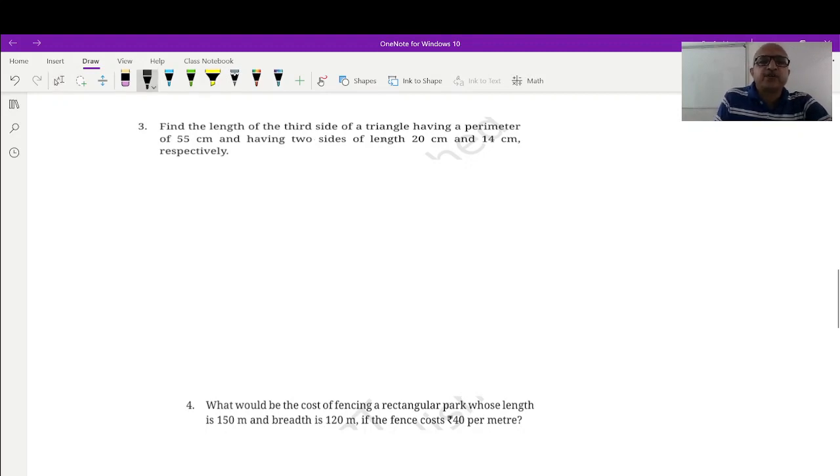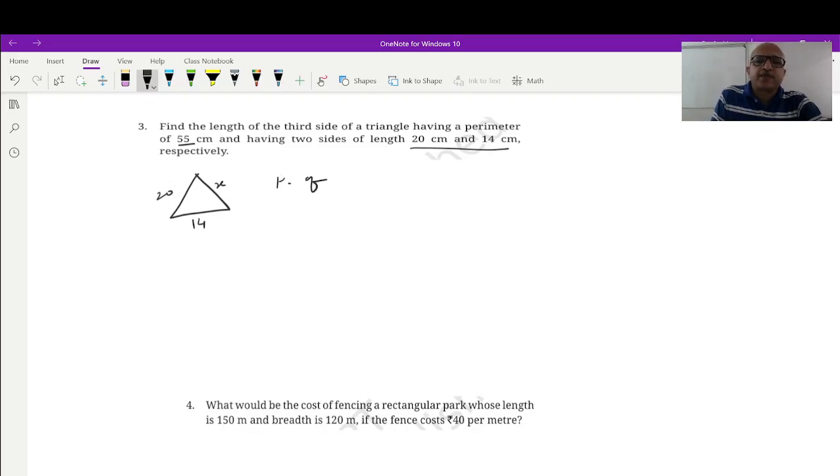Find the length of the third side of a triangle having a given perimeter. The perimeter is given, this is 55, and the measures of two sides are given. So let us consider this is 20 centimeter, this is 14, and the third is x. We know that perimeter is the length of the sides, or the length of the boundary.